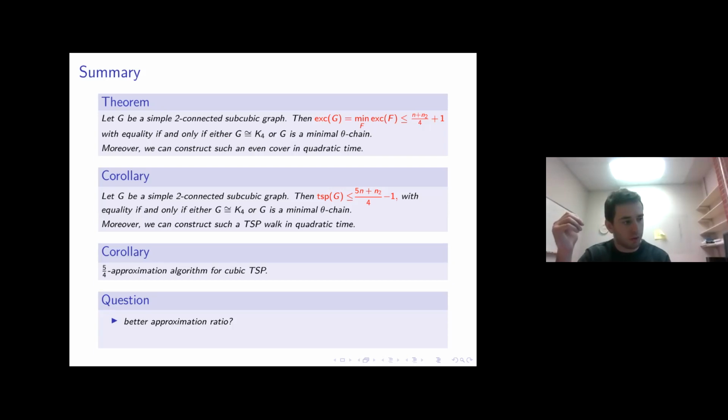So in terms of getting an approximation algorithm by simply bounding the length of the minimum TSP walk, this is it for cubic graphs, so we're going to have to do something new now.